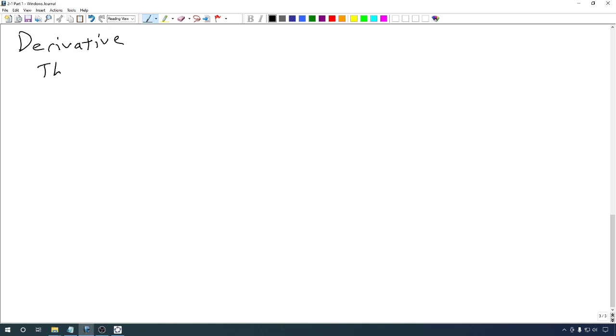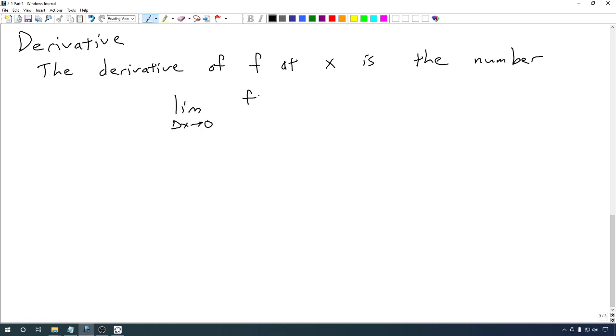So the derivative of f at x is the number, well, first of all, it's that limit that we were talking about before. The limit as delta x goes to 0 of f of x plus delta x minus f of x over delta x.